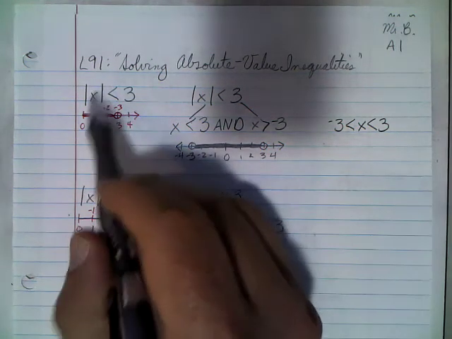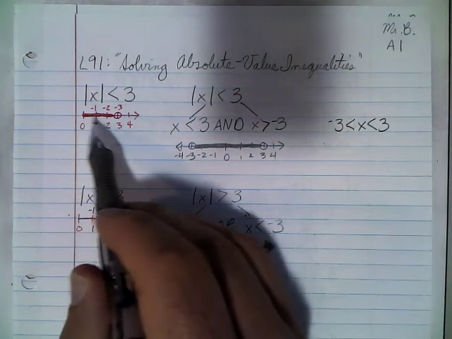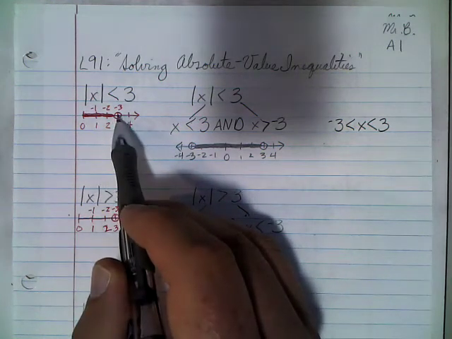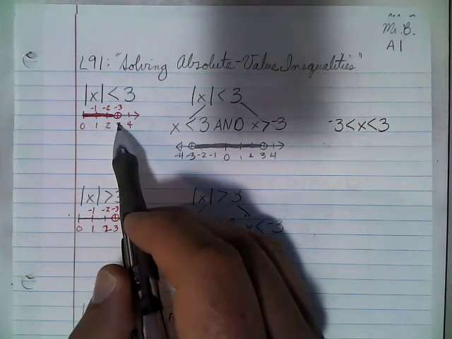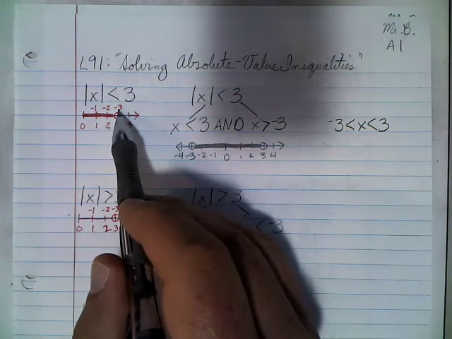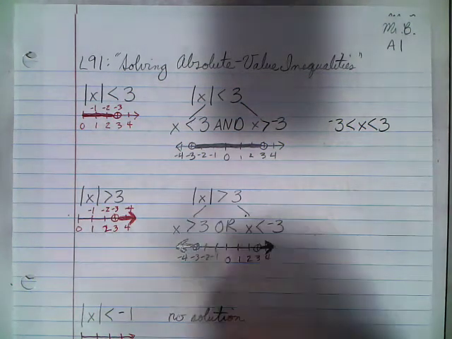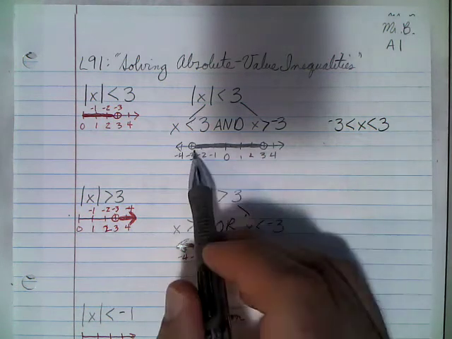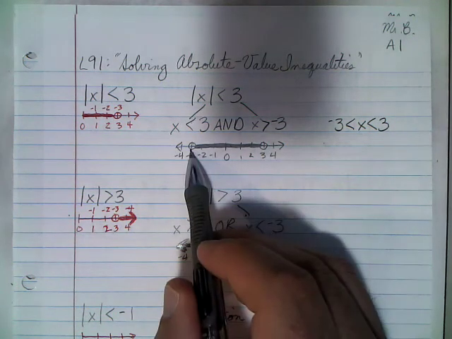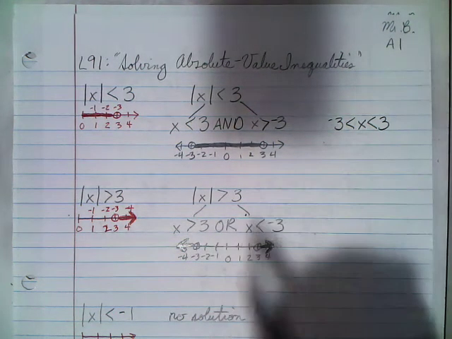So if I say the absolute value of x is less than 3, there's my 3 and it can be less than, but because it's folded over, where the 3 is, the negative 3 would fold over with it, and the negative 2 and the negative 1. And so the end result, if we unfold it, is you're going to have two boundaries, one positive, one negative, and you're going to graph the space in between them.